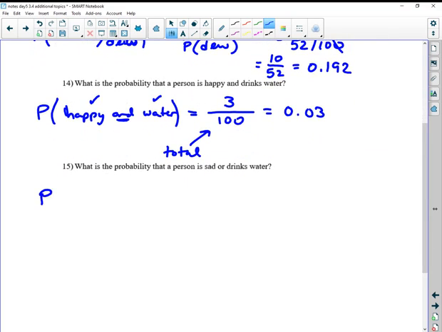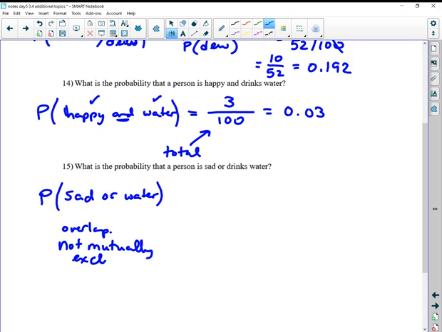I want the probability that you're sad or water. So this is our addition rule. We got to think about if we have, is there going to be overlap? Is this going to be a not mutually exclusive situation? It is, because you could be sad and drinking water. And so we have to have our probability of sad plus our probability of water.